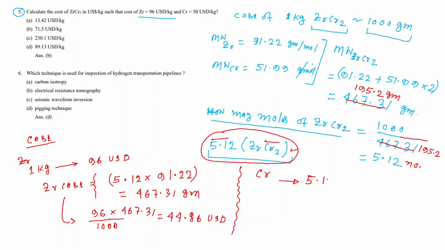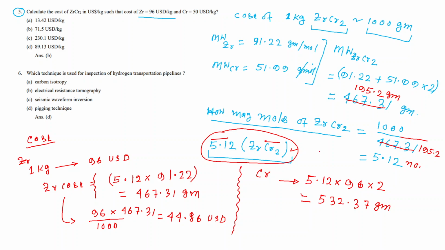So 5.12 multiplied by the chromium molecular weight, with two atoms. If we calculate this, it is coming 532.37 gram. From where do we get 96, sorry, 96 is the atomic weight of Cr.